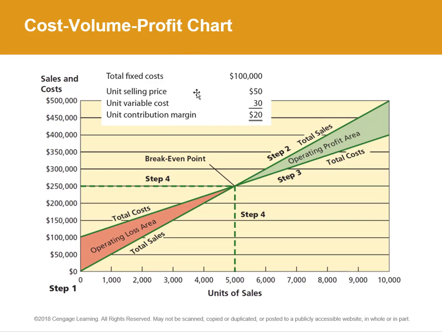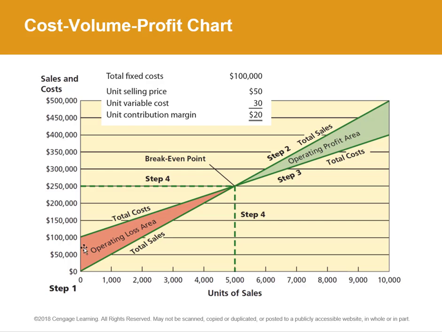Now these are the assumptions with this example. We've got total fixed costs of $100,000. The unit selling price is 50, there's the variable cost, and here's the unit contribution margin. So let's start out with cost first. Here's my cost. At 0, it starts out at fixed cost.